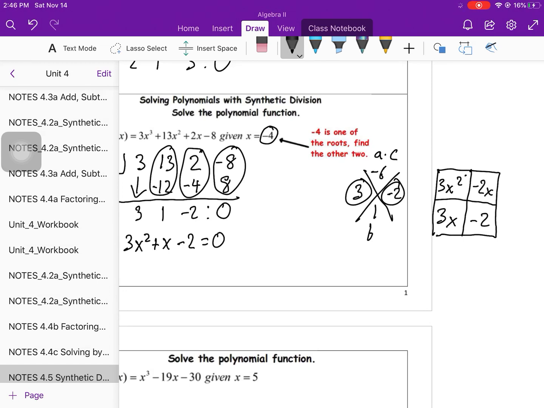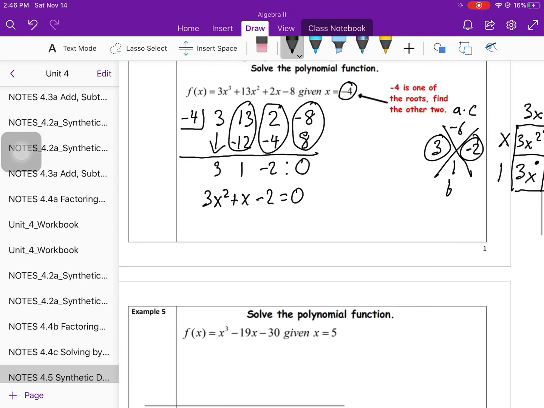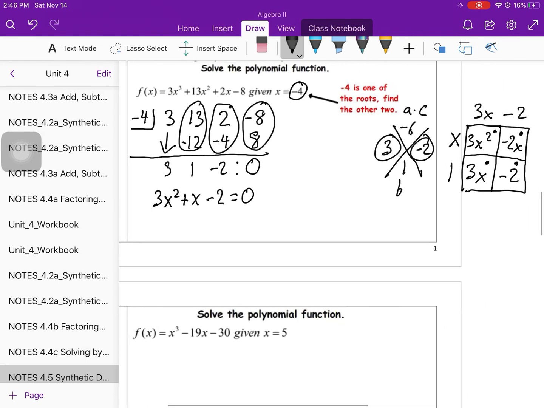So starting with the top two, we get x for our GCF, and then these two we get 1. Now going up and down, 3x squared and 3x, we would get 3x, and then -2 and -2x are going to give us -2. So this over here actually factors into 3x minus 2 and x plus 1.